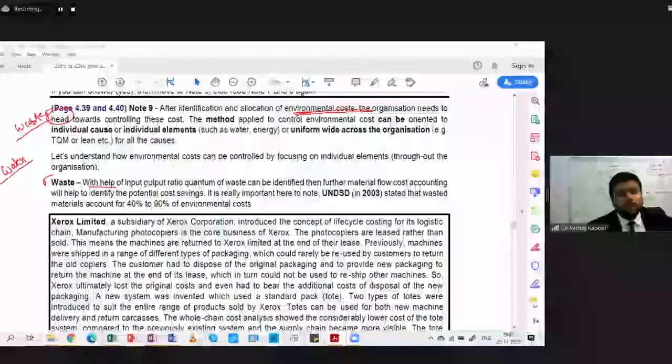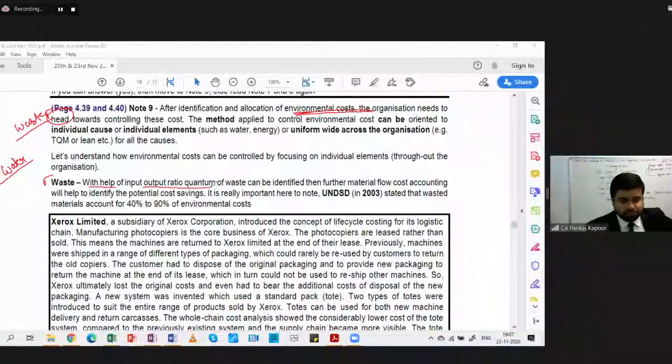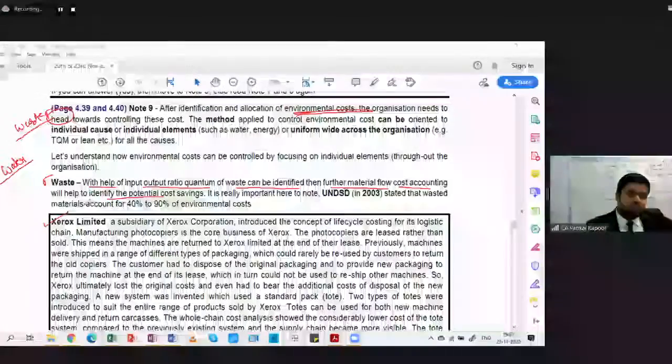With the help of the input output ratio quantum, we can identify how much waste we generate, and then we must move into the material flow to look at which division or which process is generating how much waste, and try to improve our efficiency, our input output ratio, so that we can reduce the quantum of the waste.